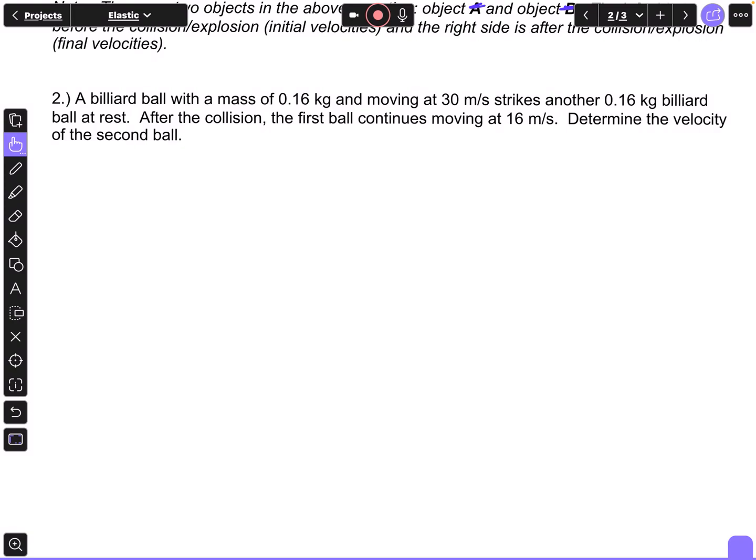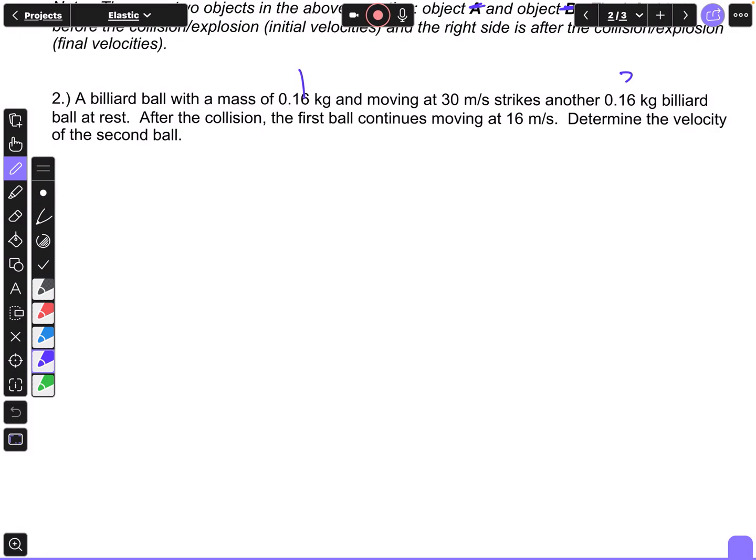A lot of times you can draw a diagram if it helps you keep up with all these numbers. It says that a billiard ball with a mass of 0.16 kilograms, I would label this first mass M1, and it's moving at 30 meters per second, and strikes another 0.16 kilogram billiard ball.